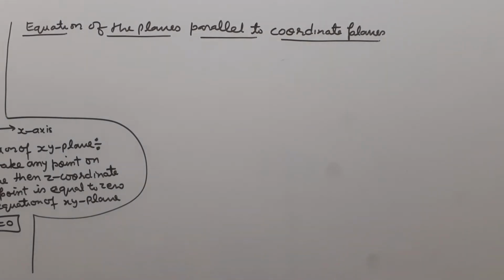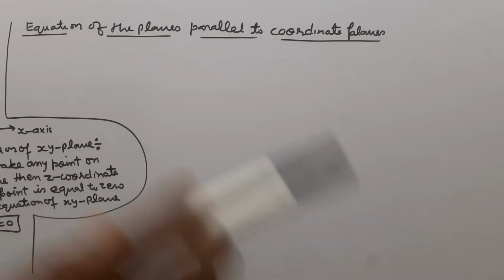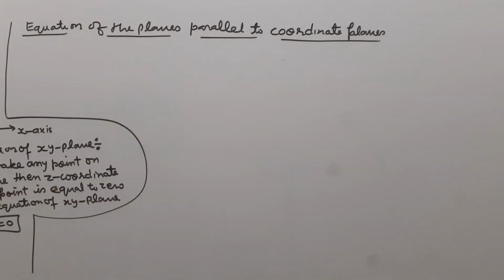If any plane is parallel to the coordinate plane yz, suppose we take a corner point of a room, and suppose the length is the x-axis, the breadth is the y-axis, and the height is the z-axis. When we take the y-axis and z-axis, we get the yz plane.